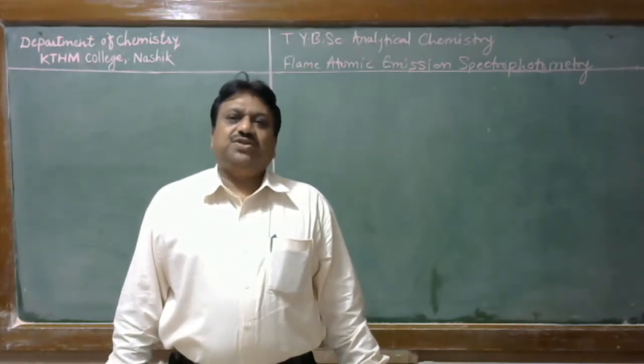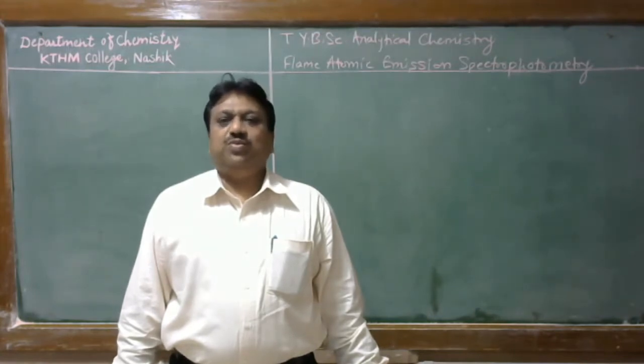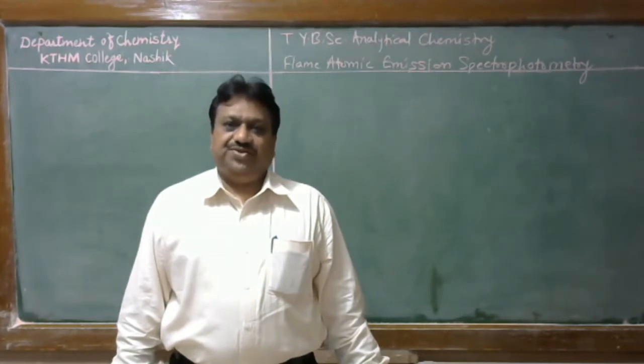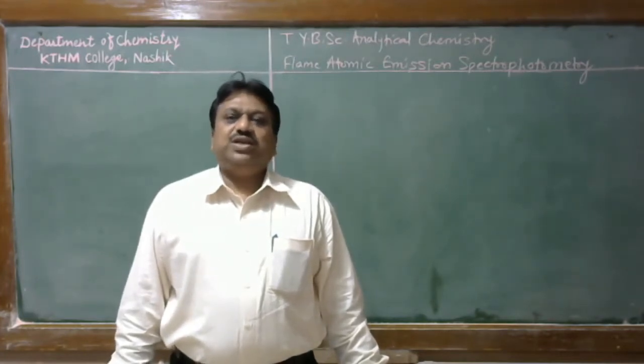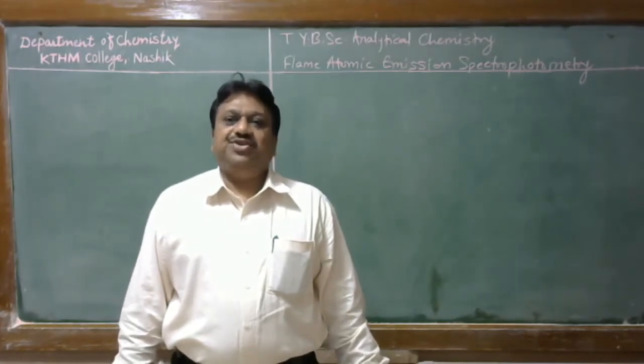In addition to this, we also solved some problems based on calculation of wavelength of emission as well as determination of energy of excitation. Student, in today's lecture we discuss the factors affecting the intensity of the resonance line or emission line.